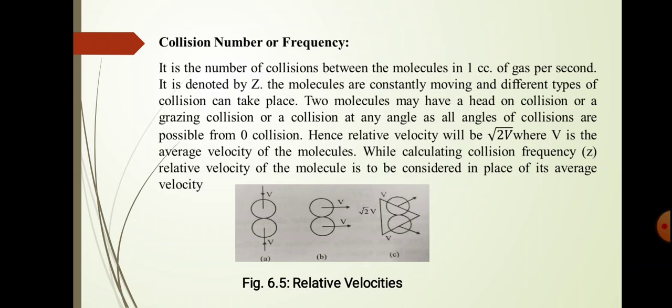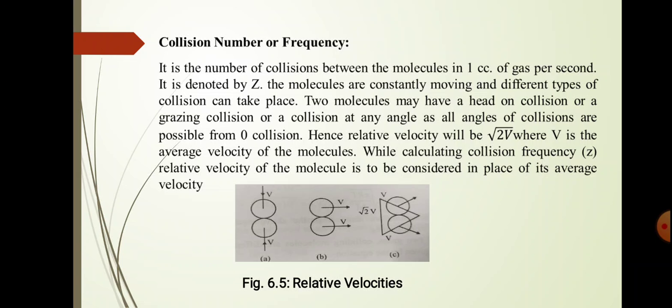The molecules are constantly moving and different types of collision can take place. Two molecules may have a head-on collision or a grazing collision or a collision at any angle, as all angles of collision are possible from zero.